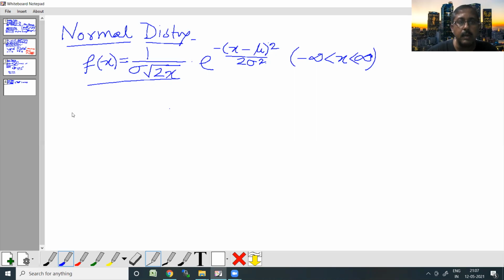So we cannot think about a probability distribution like a discrete random variable, because for each of the infinite values, the probability will be very, very small. So we can't think about the probability for a specific value. What we do is calculate the probability for a range or an interval of values for the continuous random variable.